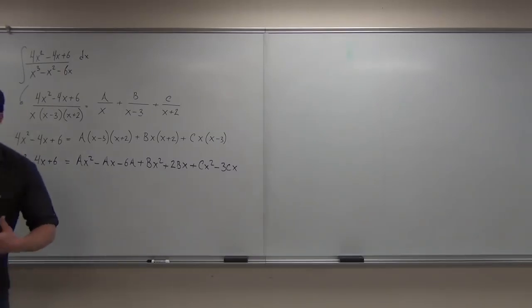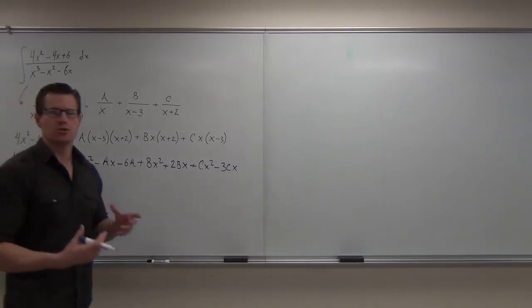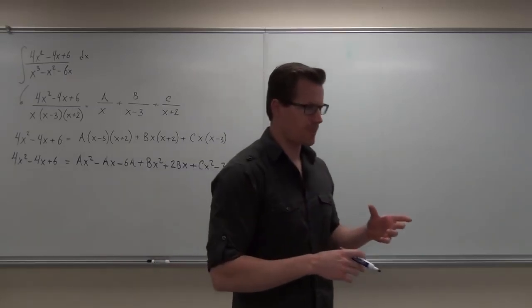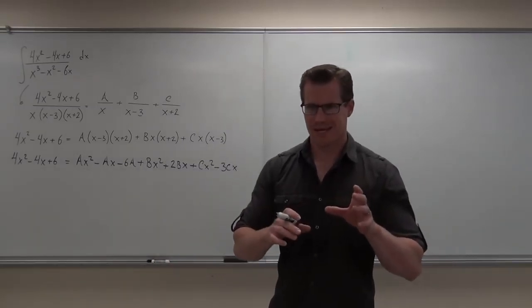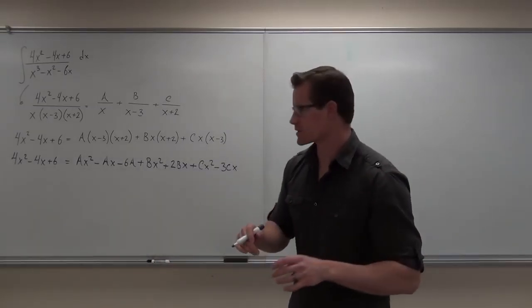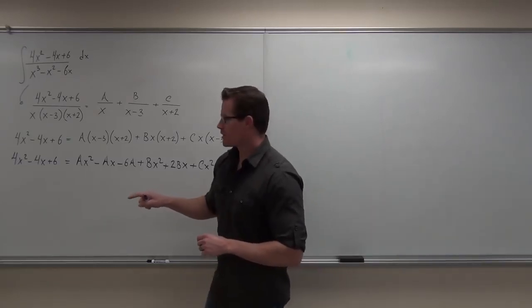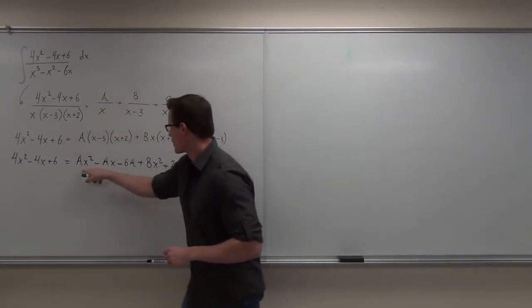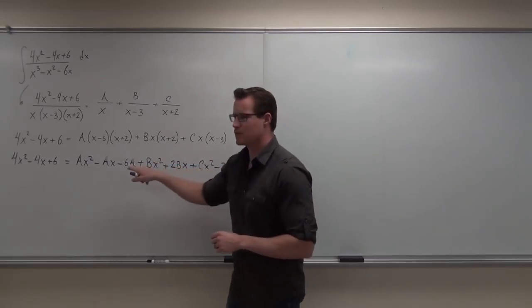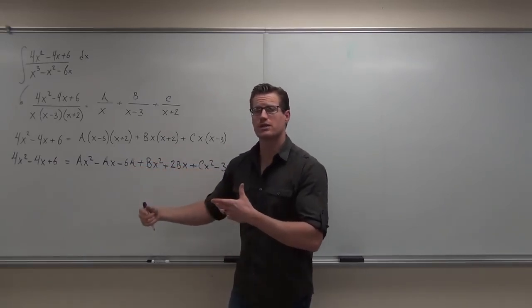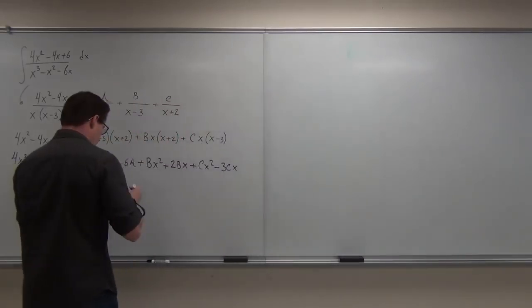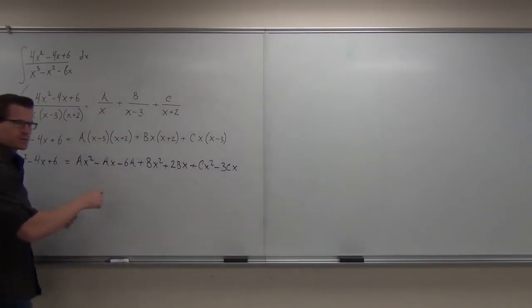Okay, now, organize them. What we're trying to do here is match up x squareds and x's and constants. So for instance, I want to look at this x squared and I want to look at these x squareds. But right now it's a little bit confusing as to what's going on. So we're going to factor this out. Do you see the like terms I'm talking about?